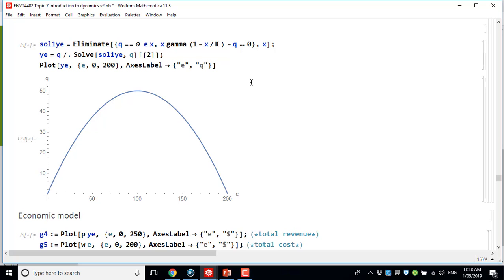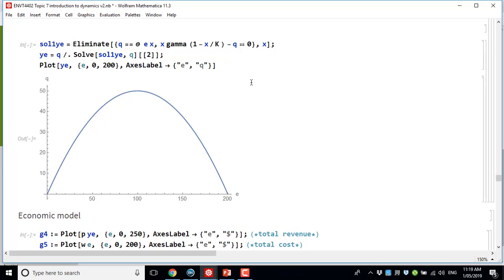So in this case, the equations are the catch function here, which is a function of the fishing effort and the stock, and it allows us to solve that system of equations, eliminating one of the variables. So in this case, the variable that we want to eliminate is actually the stock.